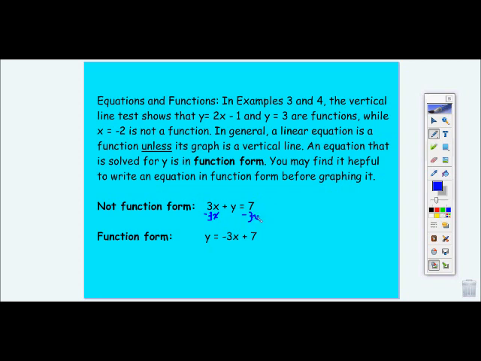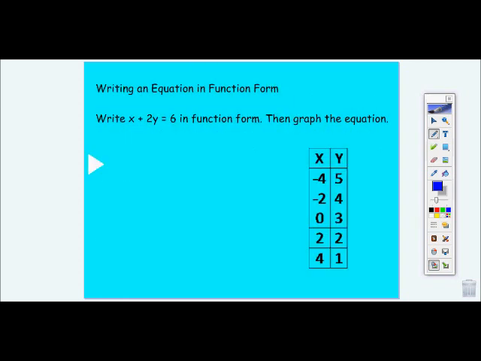And when we do that, we end up with our y all by itself equals, and I would go ahead and put the variable term first, -3x, and then 7 would be a positive 7. It's implied that that is positive. This is now in function form because we have our input as part of the equation and we have our output as what that solution is going to be. Once we do that, we can go ahead and solve it for some variables.